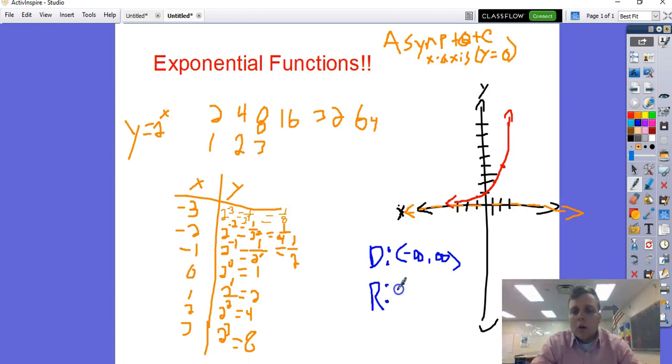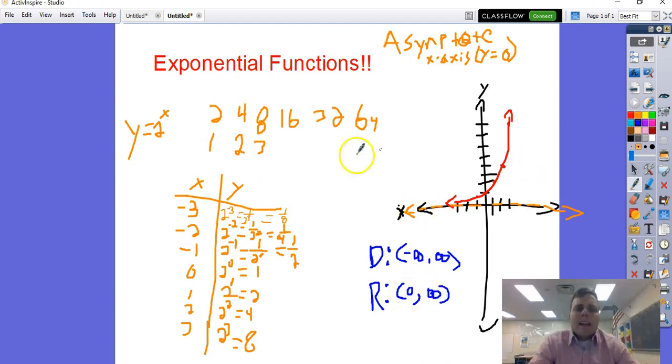So what we do is we put a parenthesis there, meaning, hey, we get infinitely close to 0, but we don't ever touch it. That's what the parenthesis tells me. Comma, and then what does this red graph do after that? It shoots upwards. So that would be infinity. And that would be the domain and range of this guy.